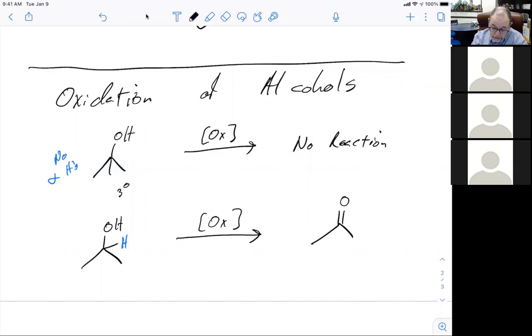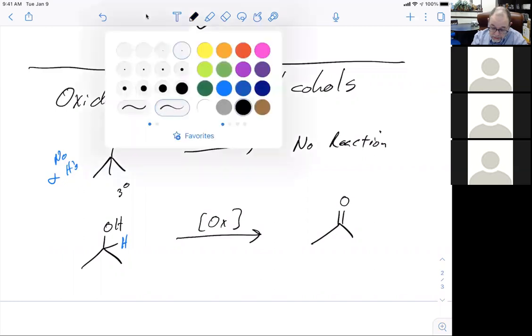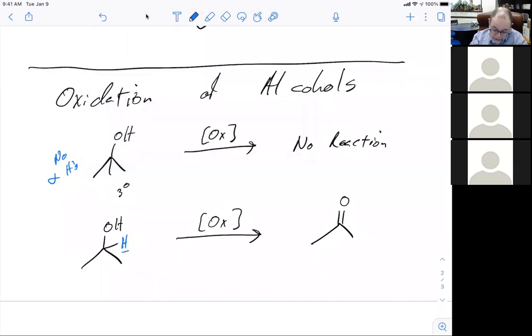And what we're losing, if we think about it, is these two hydrogens. So a secondary alcohol will become a ketone, right? And a tertiary alcohol, right, no reaction.